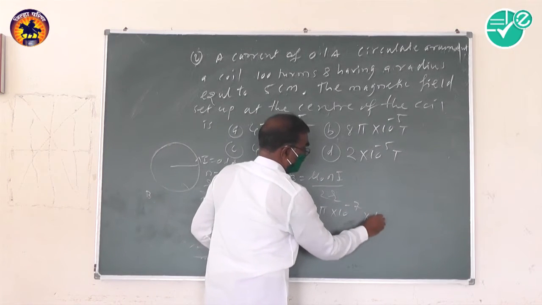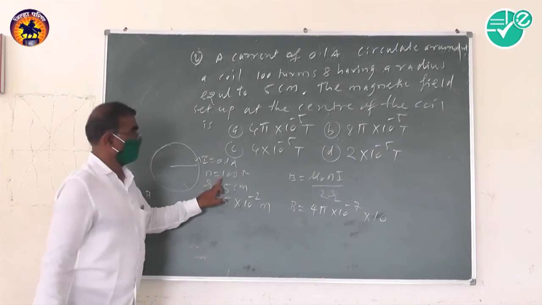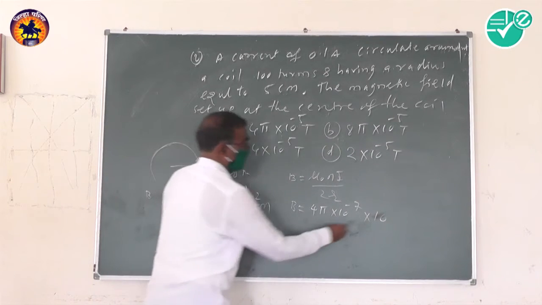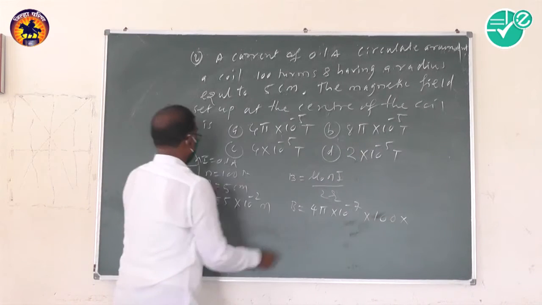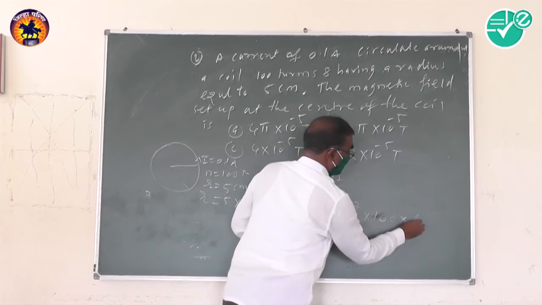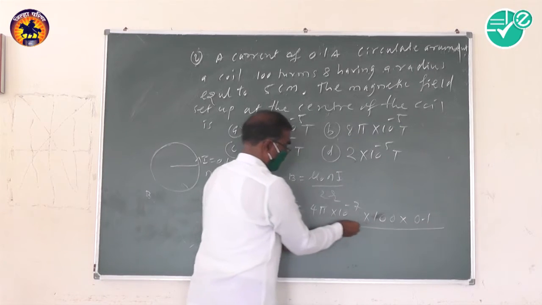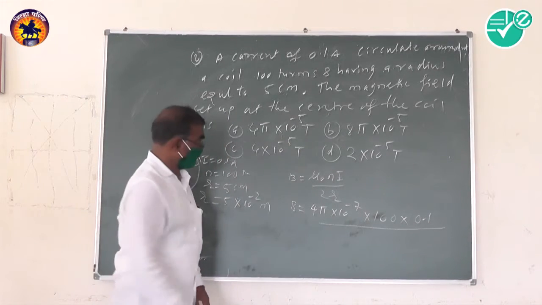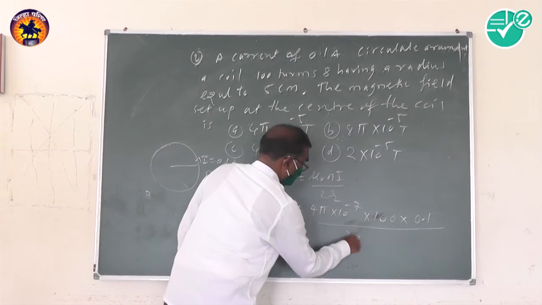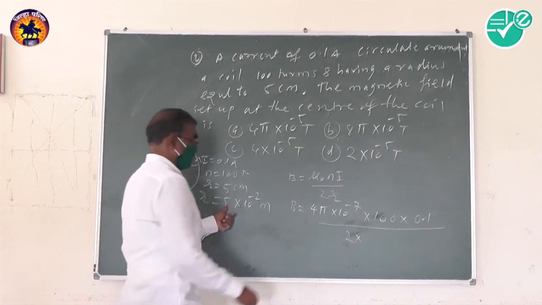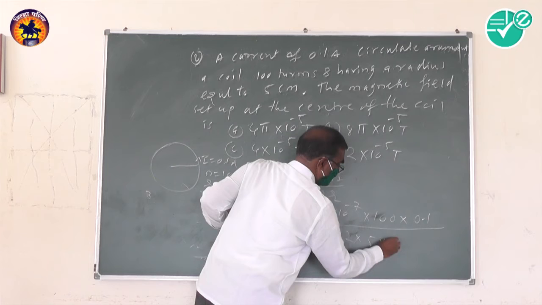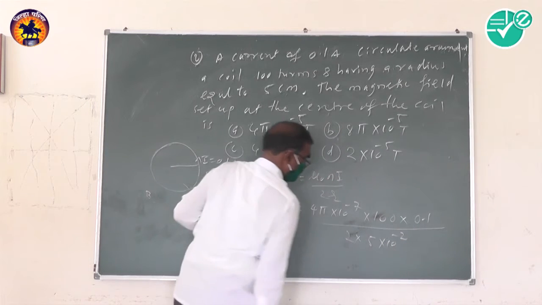The number of turns is 100, and I the electric current 0.1 ampere, divided by 2 into the radius, 5 into 10 raised to minus 2.